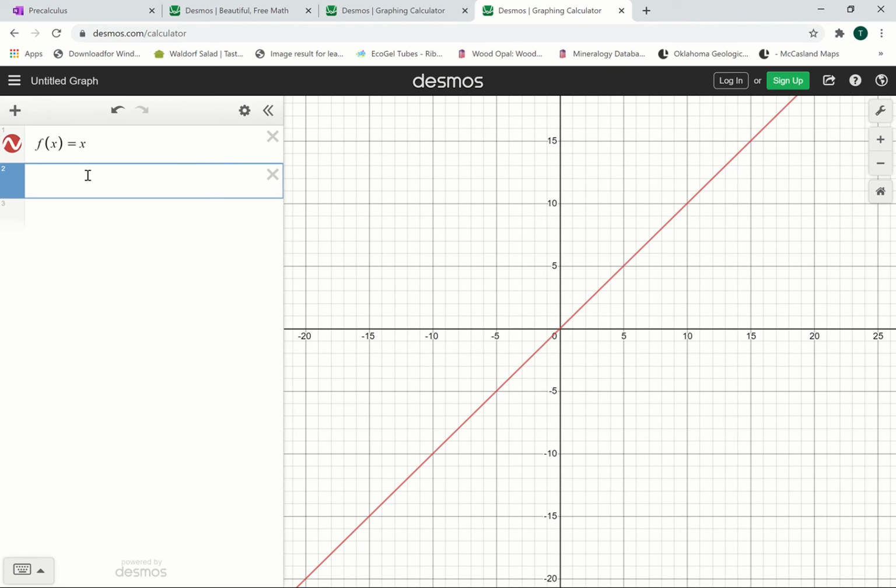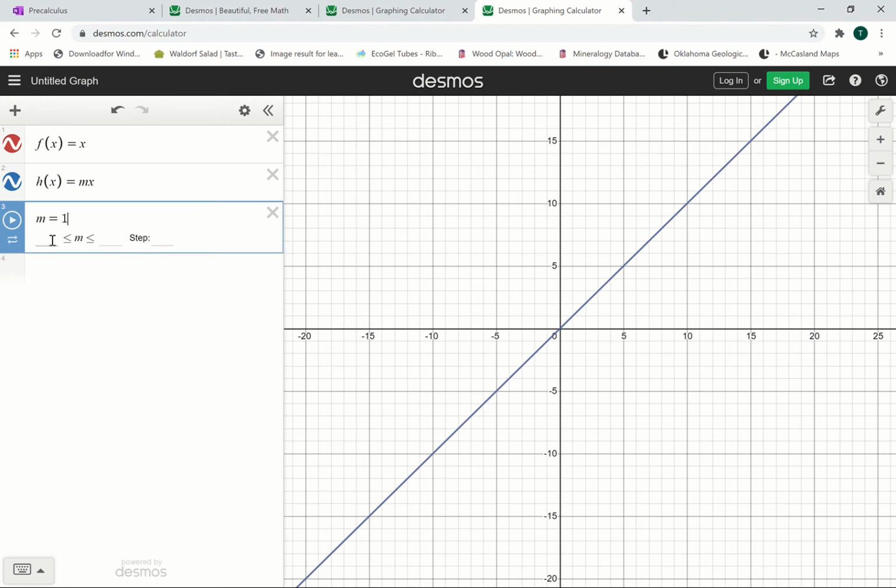So if we were going to transform something like this, let's have a look at this function. I'm going to create a new function, and I'm going to give it a different slope. I'm going to add a slider for m, and change the boundaries of m, keeping m between 0 and 1.